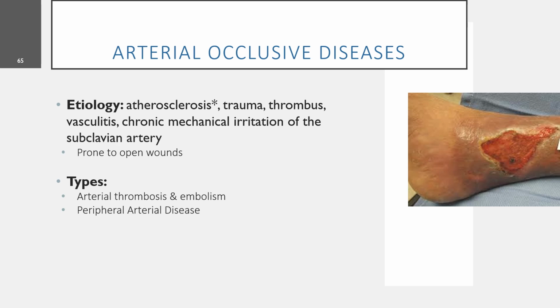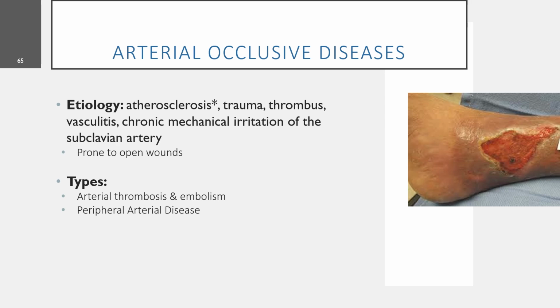Vasomotor disorders, conditions like Raynaud's disease or phenomenon and complex regional pain syndrome can affect blood vessel function. Arterial punctures, invasive procedures or injuries may lead to arterial occlusion. Chronic mechanical irritation, compression of the subclavian artery by structures like cervical ribs can cause arterial occlusion.